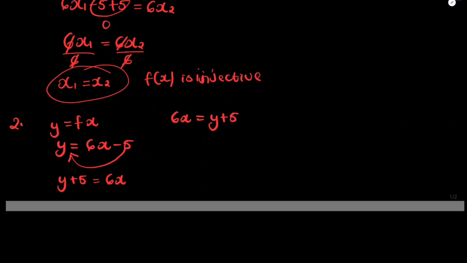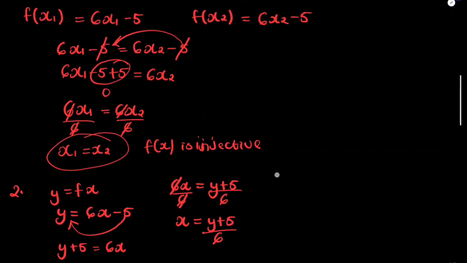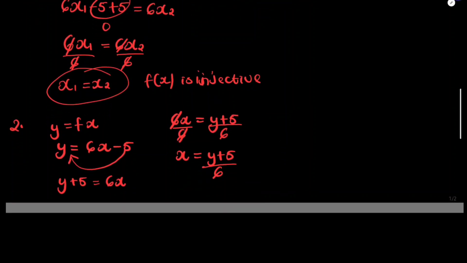Since we are solving for x, we are going to divide both sides by 6. This will cancel and we will be left with x equal to y plus 5 over 6. From there we can state our inverse.